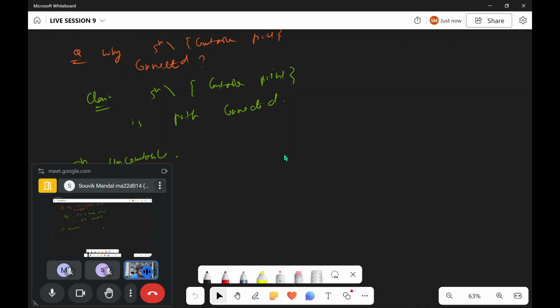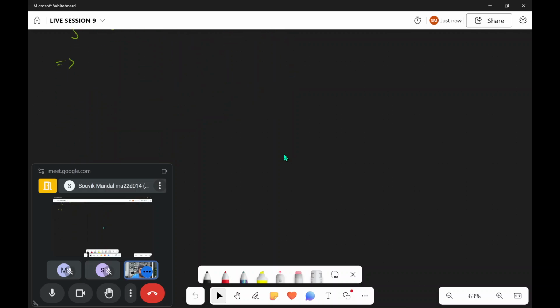This implies that between any 2 points of S^n, there exist uncountably many paths.